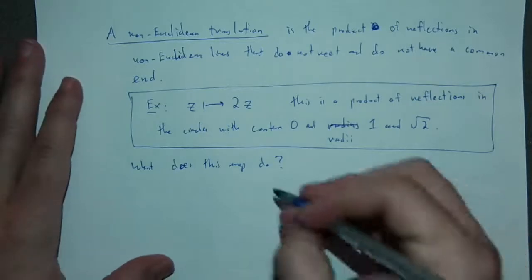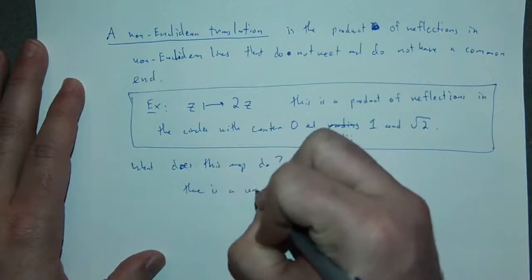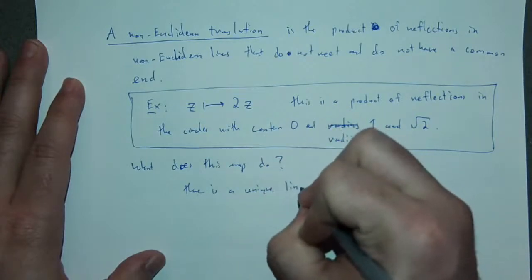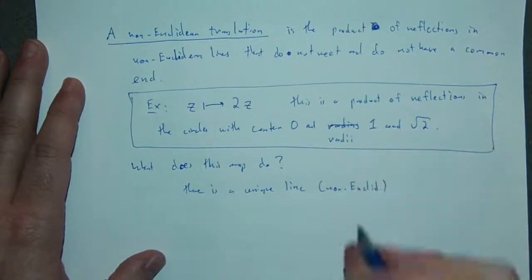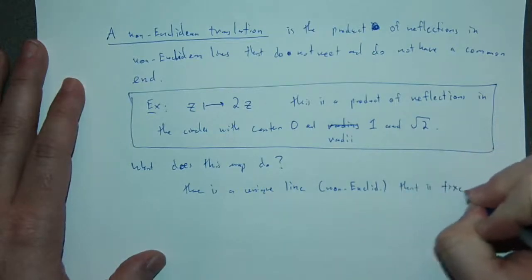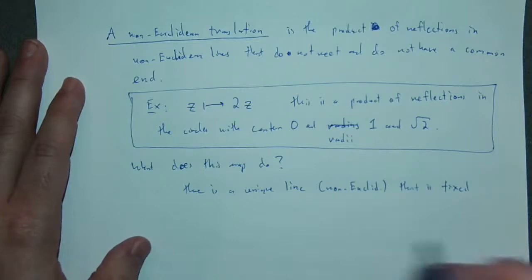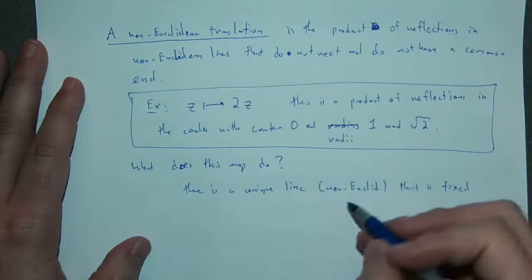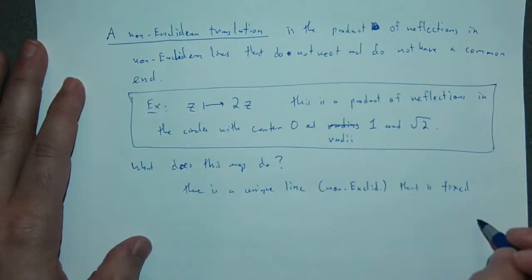Okay, so there is a unique line. So this is a non-Euclidean line. I'm going to write the whole thing. So it's a non-Euclidean line that is fixed. I make it sound like this is the only line that's fixed when I say unique line, but that's not what I mean here. I just mean that there is a line called the translation axis that is unique, that is fixed by this thing, but it's not the only line that's actually fixed.